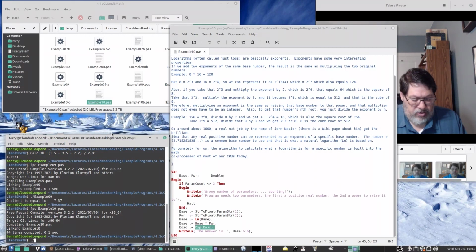So if we try doing this, and we take 2 and raise it to the third power, that should be 8.